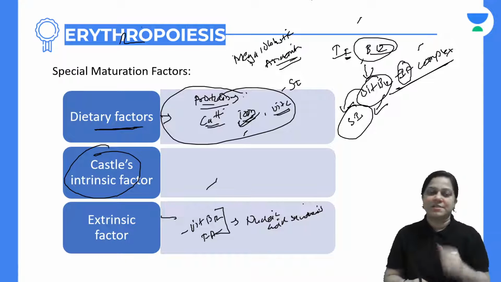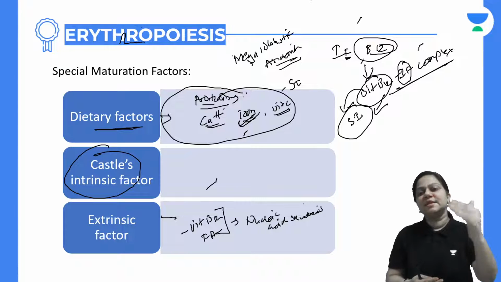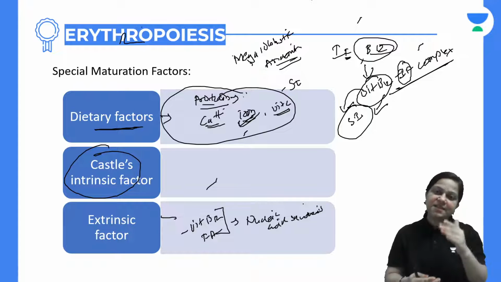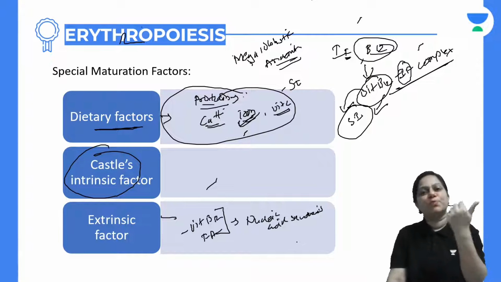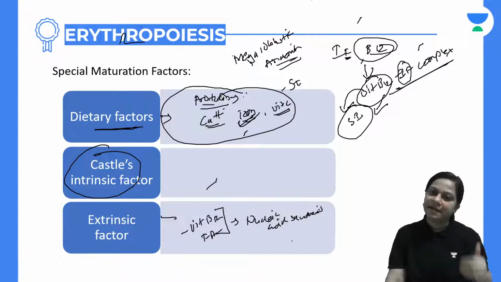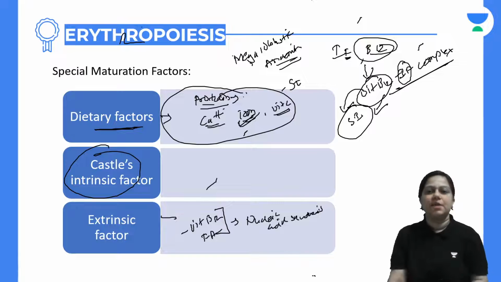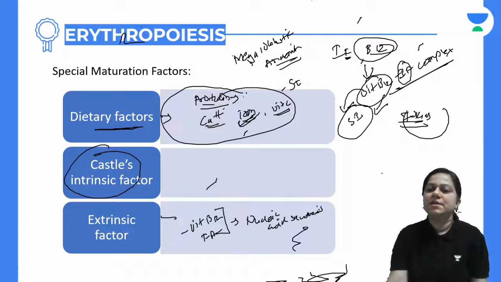Then the different stages: from the pluripotent stem cell, it passes through a series of stages. The colony forming unit, then proerythroblast, early, intermediate and late normoblast, reticulocyte, and mature RBC. The overall process takes around 7 days.